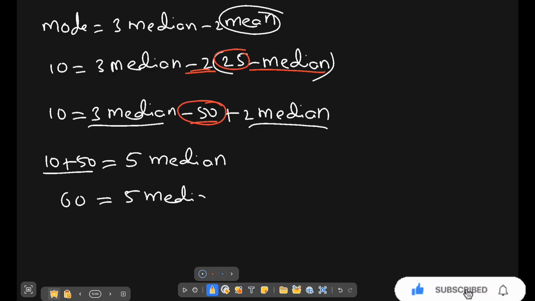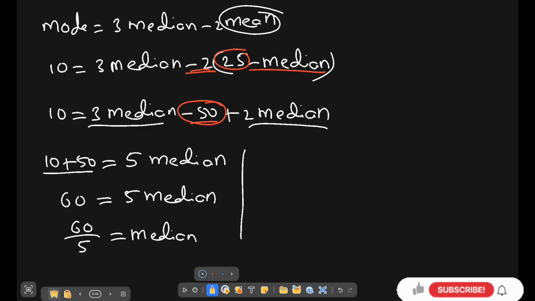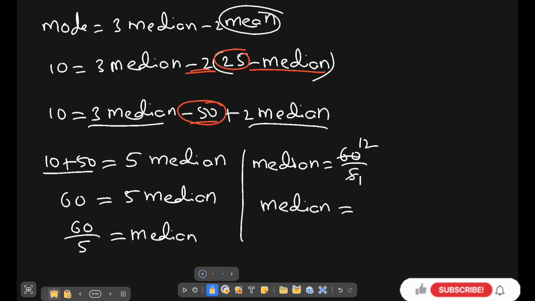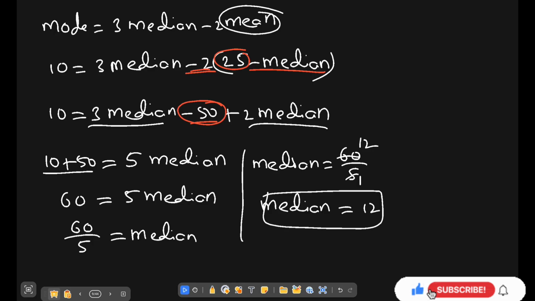So bring 5 to the left side. 60 by 5 is equal to median. Otherwise, median is equal to 60 by 5. 5 ones are 5, 5 twelves are 60. So now median is equal to 12. So now mean we have to find.